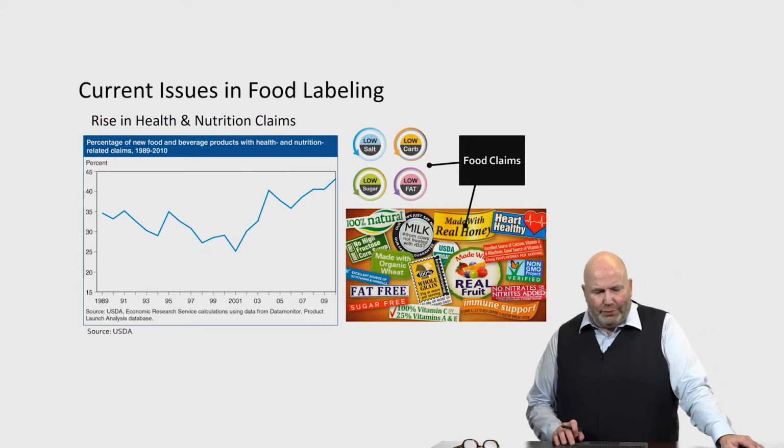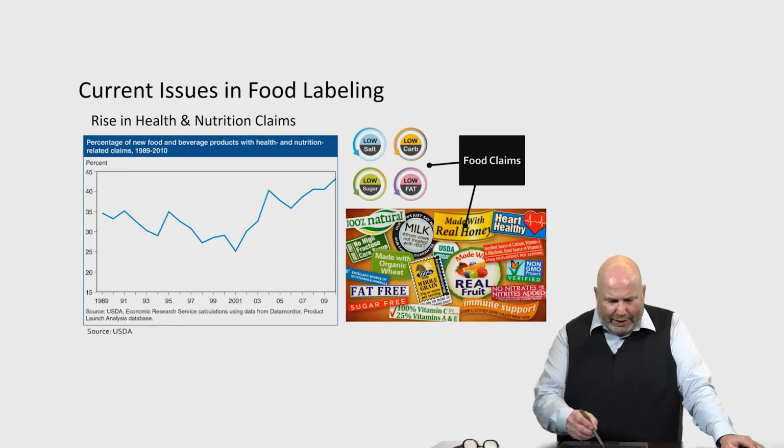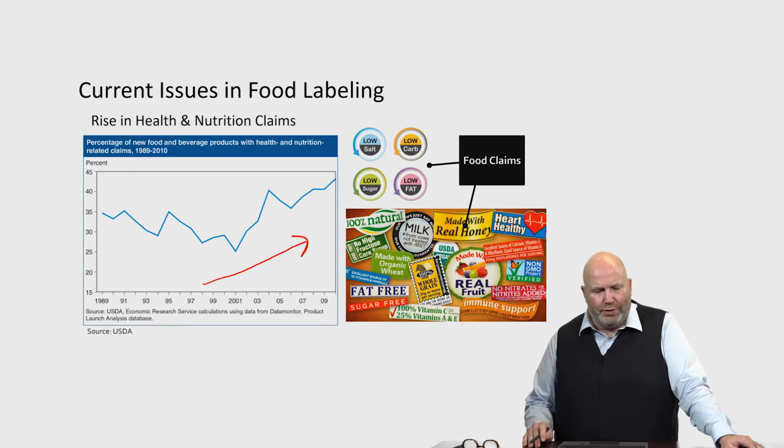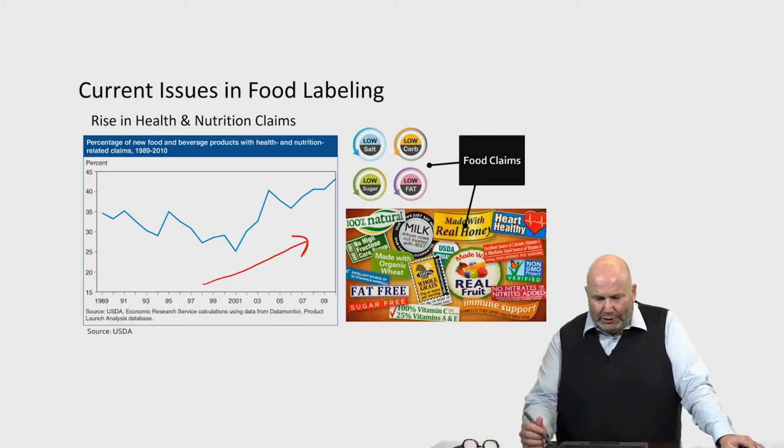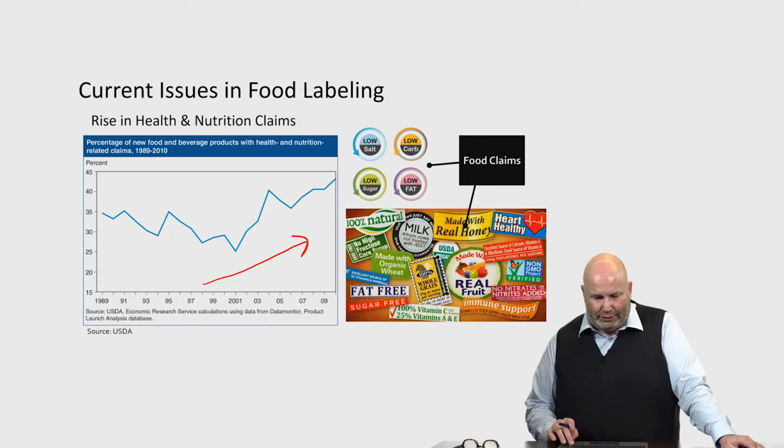Some current issues in food labeling: if you look at the U.S. Department of Agriculture and some of the data they're looking at, we are seeing increasing numbers of health and nutrition claims going onto food and beverage products. Claims like made with real honey, made with real fruit, whole oats, whole grains, 100% natural, fat-free. The types of foods with these label claims have been going up dramatically in the last 10 years.